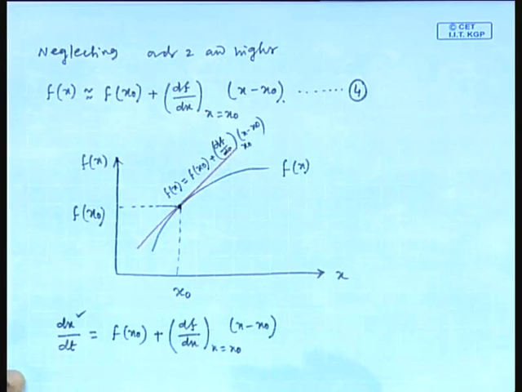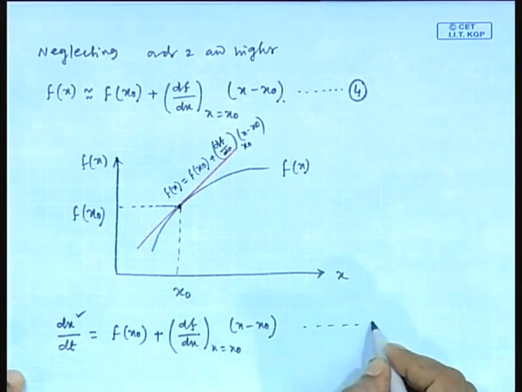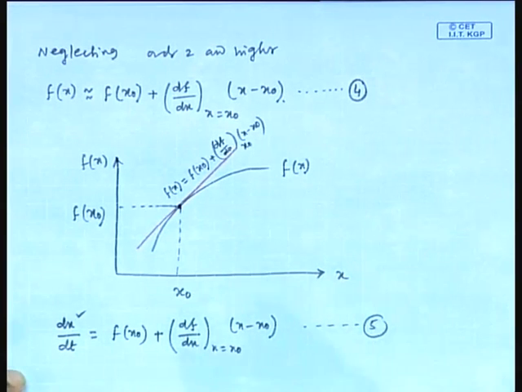We have just replaced f x equals to dx dt in equation 4, and then we get equation 5. This is a linearization of f x according to Taylor series expansion. Now, we will take one example to linearize the model of that particular example.